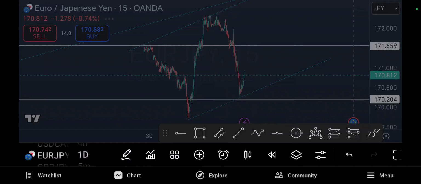Okay, now this is a different pair. Now we are on GBP JPY. I just want to show you something very quick. This is the last pair.